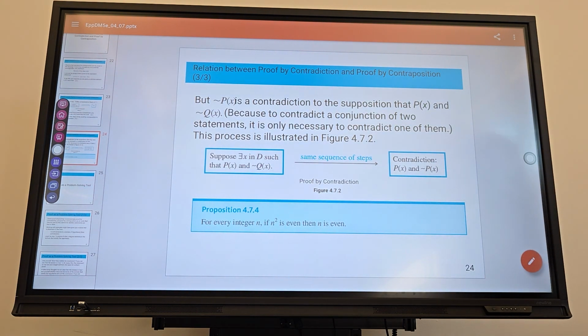But not P of x is a contradiction to the supposition that P of x and not Q of x, because to contradict a conjunction of two statements, it is only necessary to contradict one of them.